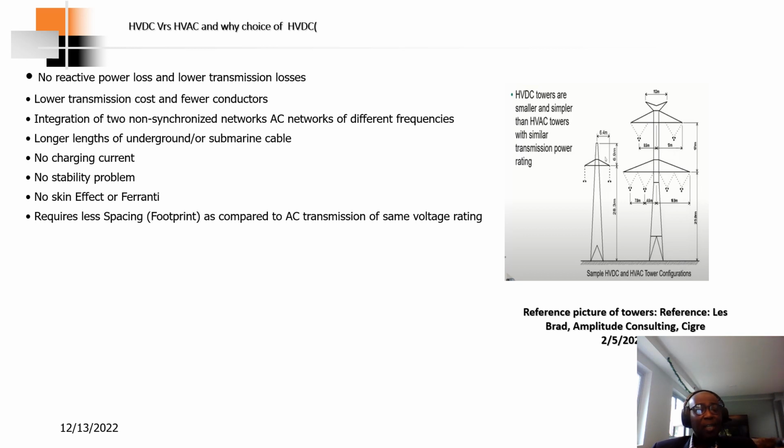HVDC requires less spacing footprint as compared to an AC transmission system of the same voltage rating. The reason is the additional spacing required for the reactive power compensating devices, etc. Also, there's less corona and interference as compared to HVAC.